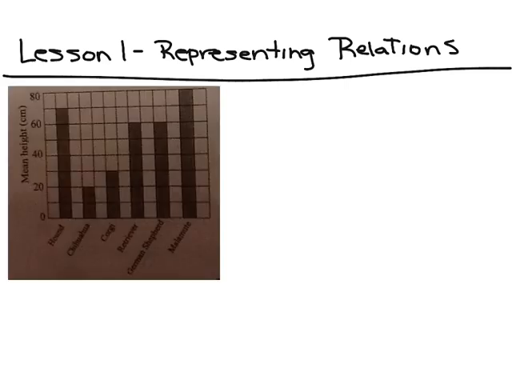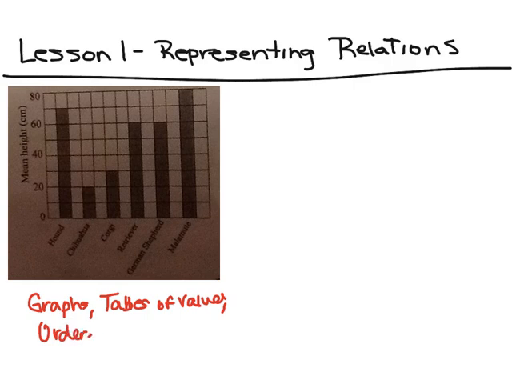For example 2, we have the following relationship between breeds of dogs and their average heights. Relations can be represented as graphs, tables of values, ordered pairs, circle diagrams or arrow diagrams, or words.